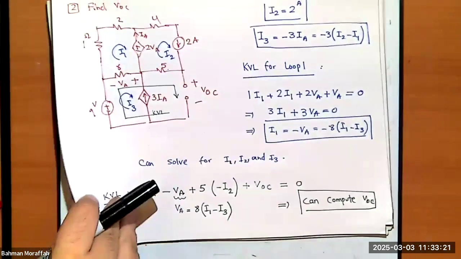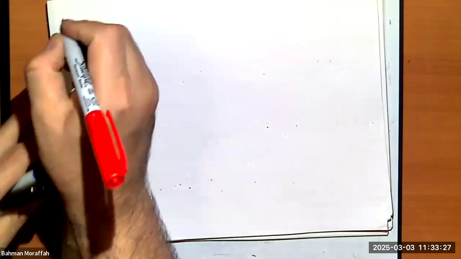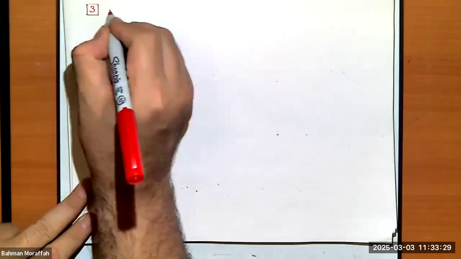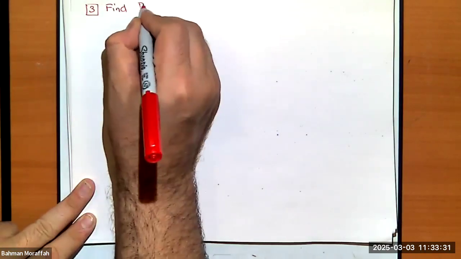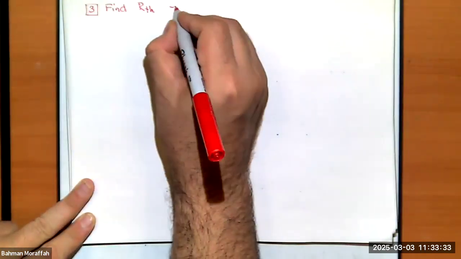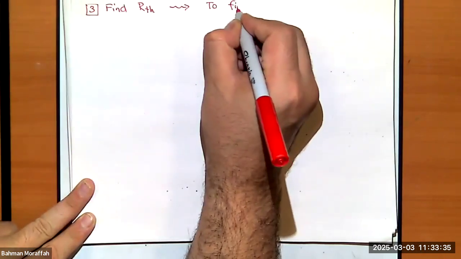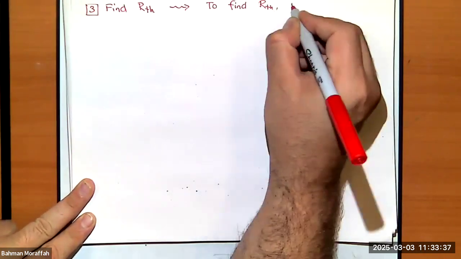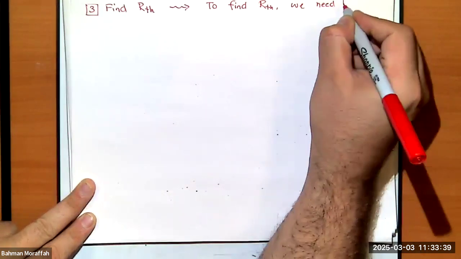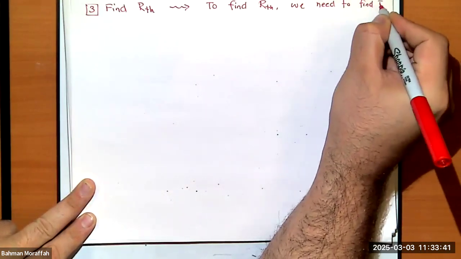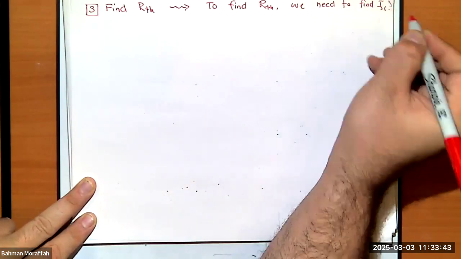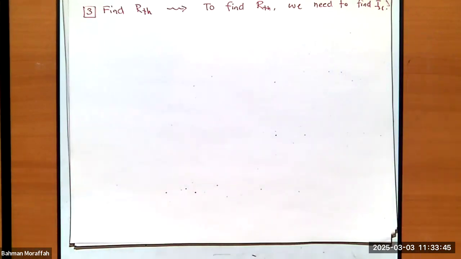So third step is to find R Thevenin. But to find R Thevenin, we need to find I short circuit. How do we find I short circuit?